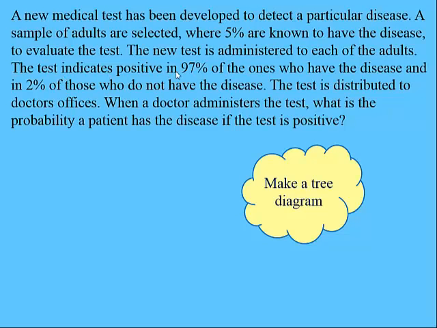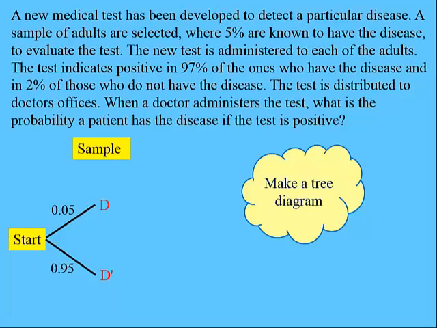The test indicates positive in 97% with the disease and 2% that do not have it. So our tree diagram starts with the people that either have the disease or don't. And we're told 5% of them do. Now, we're not told this, but we know the rest of them, as in the other 95%, don't.